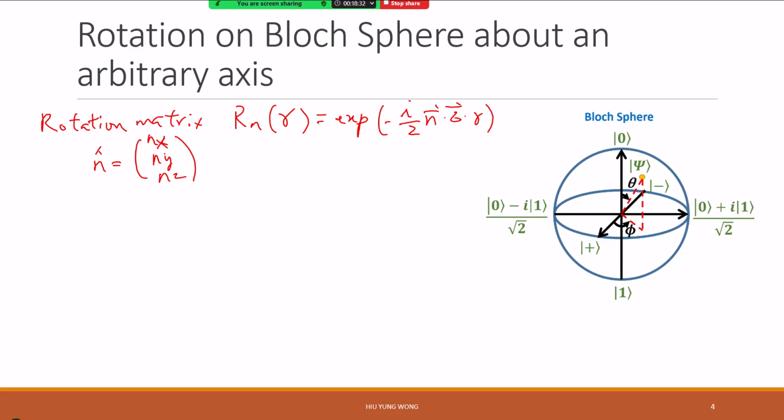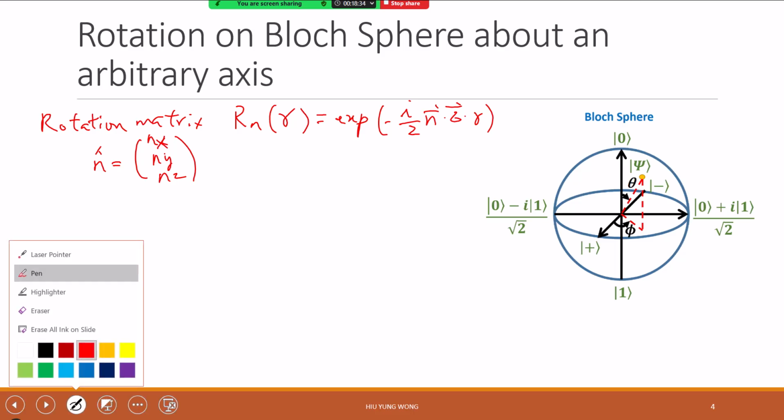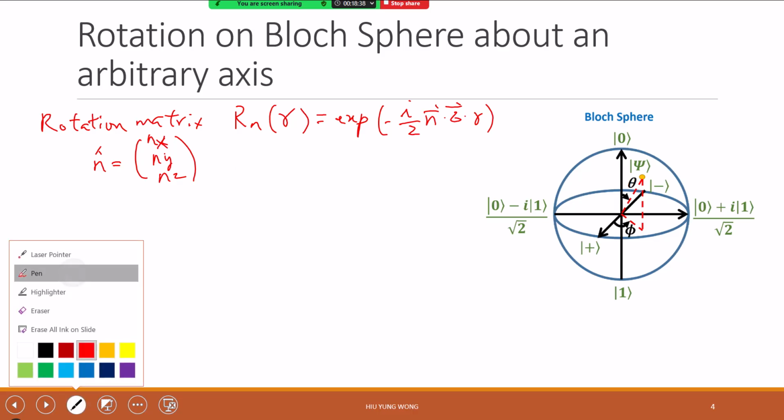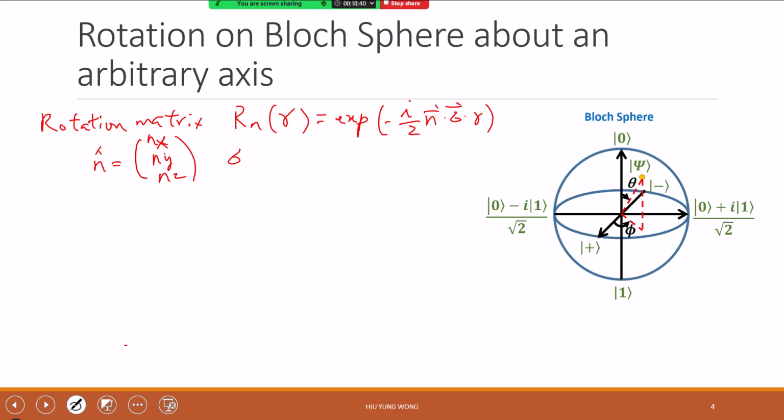Sigma is the Pauli vector. What is the Pauli vector? It is sigma x, sigma y, sigma z, right? So we do have this term here that we learned last time. Remember?